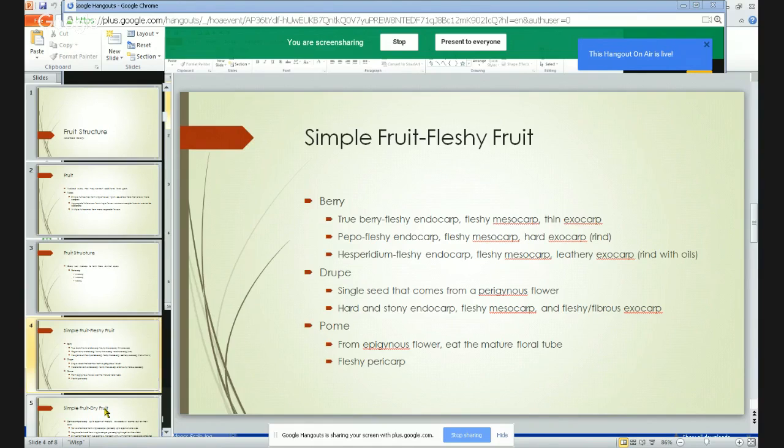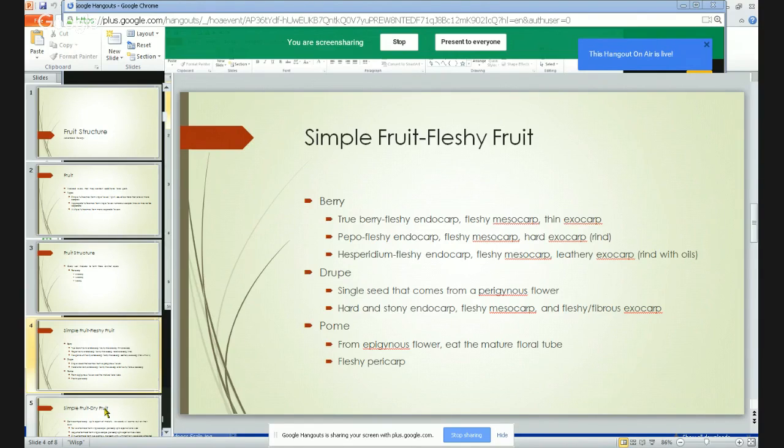So the stuff that goes around the seeds is kind of fleshy. The inside there is going to be the inner part that makes up a lot of what you would call the squash part that you eat, your mesocarp.